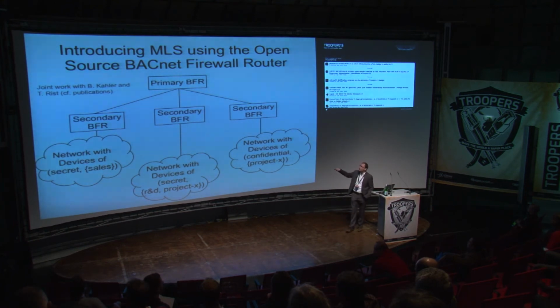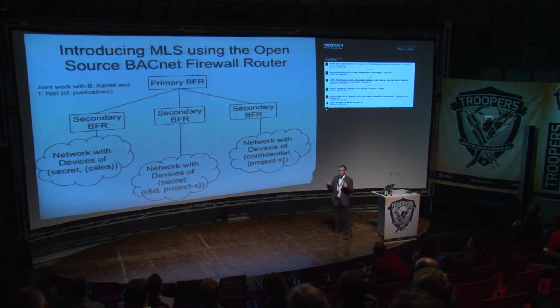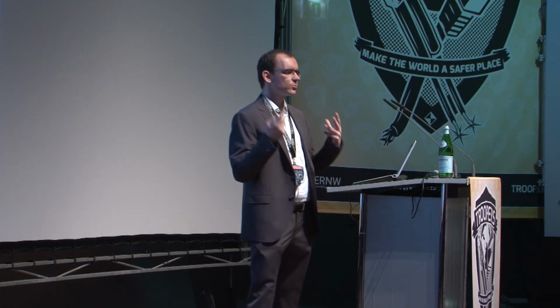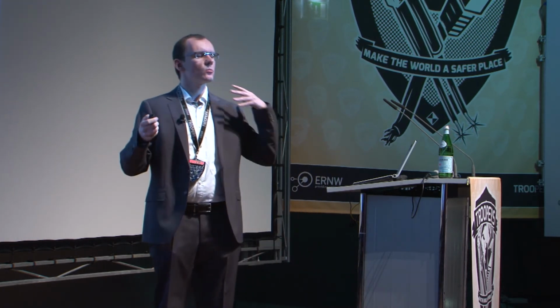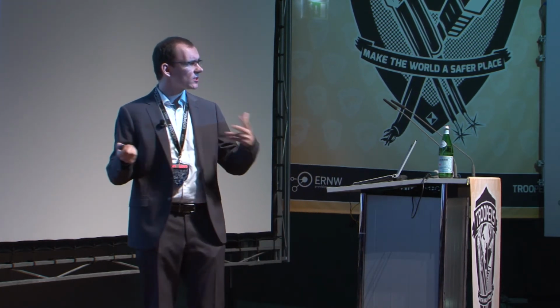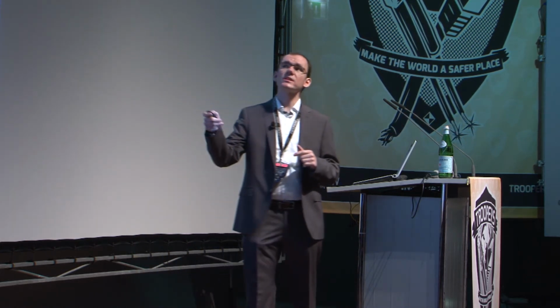And we configure the security policy on these secondary BFRs. They are basically just filtering request and response messages that would break the security policy of the BLP model. And the primary BFR just takes care of the routing.